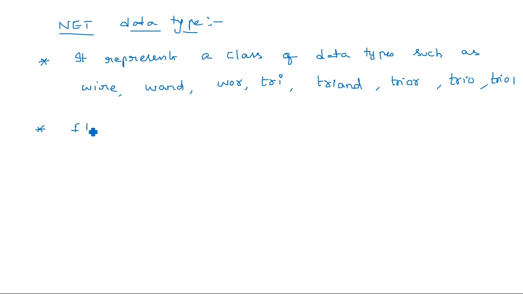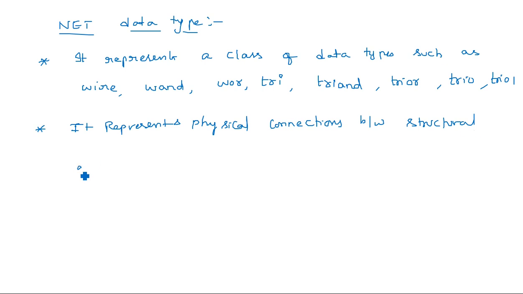That means net represents physical connections between structural entities such as gates and any other logical circuits.